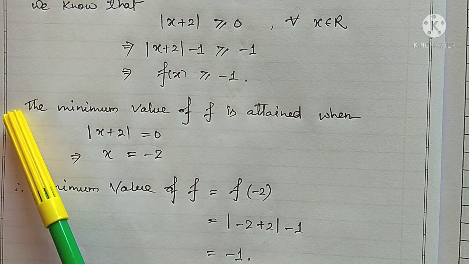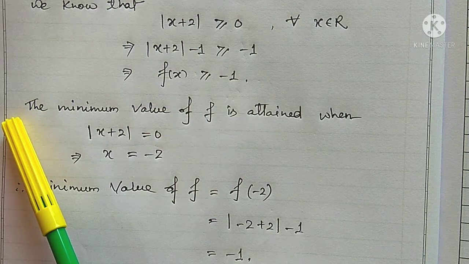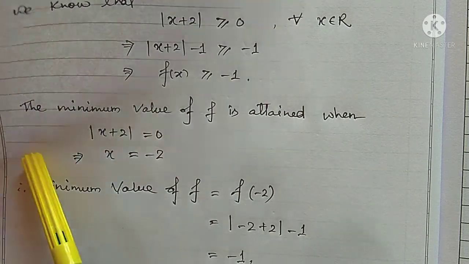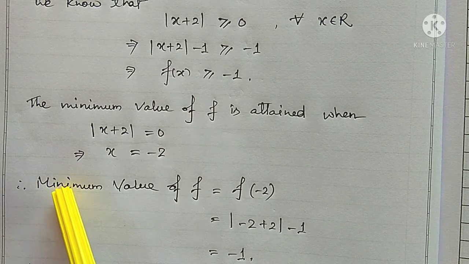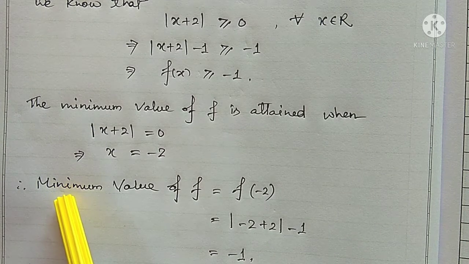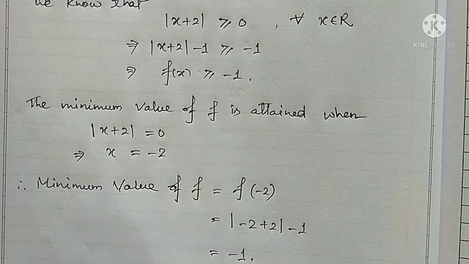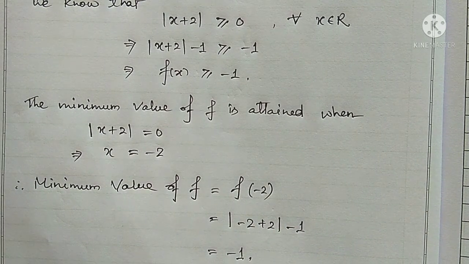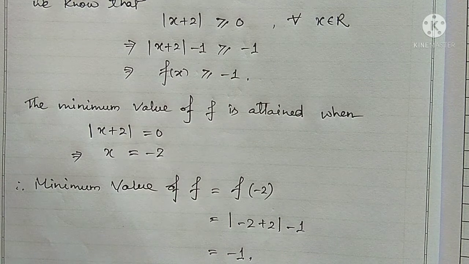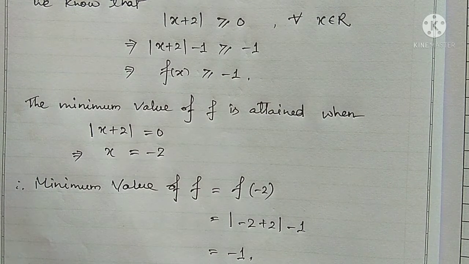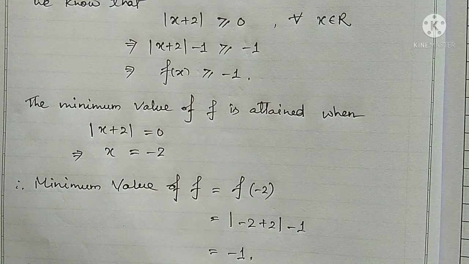That means the minimum value of f(x) is minus 1, but the maximum value we can't predict, because it is greater than minus 1, which means lots of values are there. So we can't write a maximum value. Hence finally we write that function f does not have a maximum value. Is it clear? Today we have done the first question from question number 2.